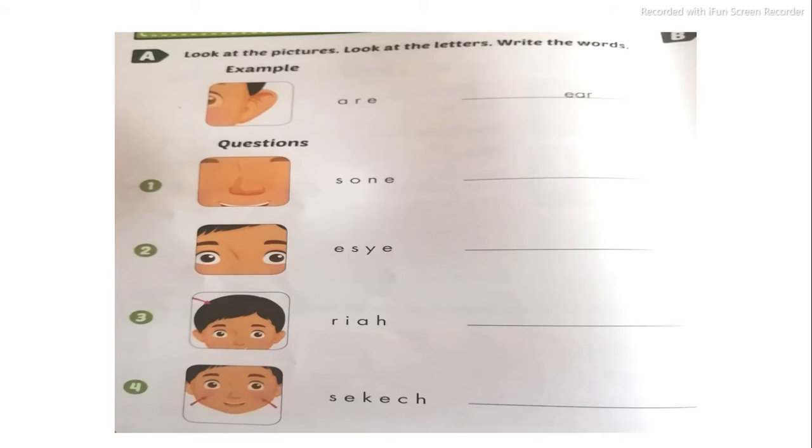Number 3, the arrow is pointing at the boy's hair, and the letters we're given are R-I-A-H. And number 4, arrows are pointing at the boy's cheeks, and the letters we're given are S-E-K-E-C-H.